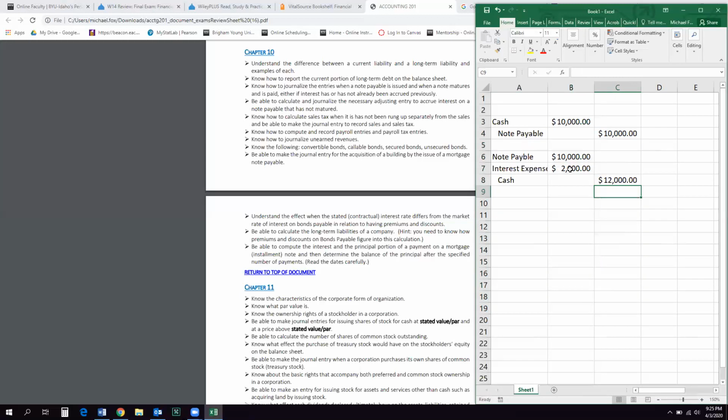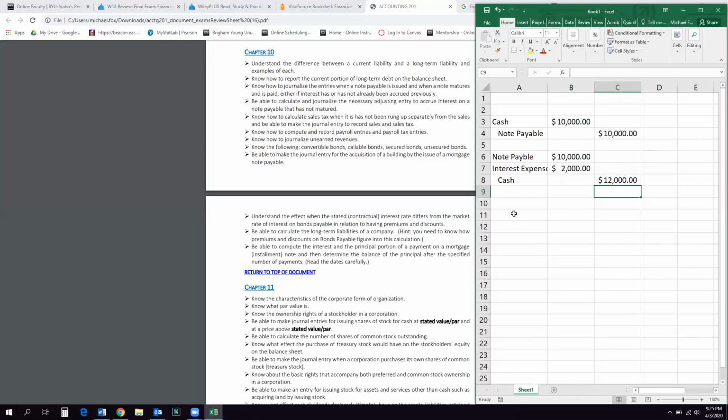Whereas if we borrowed it and paid it back in a new financial period, we'd have to account for the fact that some portion of the interest expense was incurred in the previous year and some portion in this year. So there would be an adjusting entry at December 31st to show that the interest had accrued in the previous year.